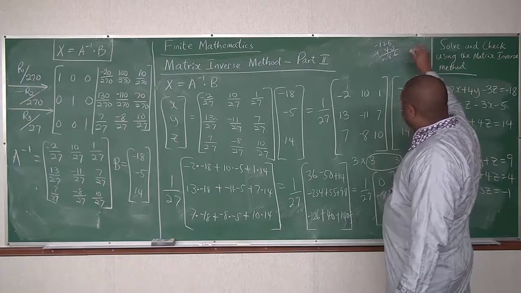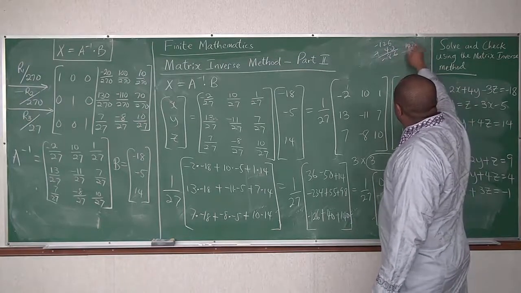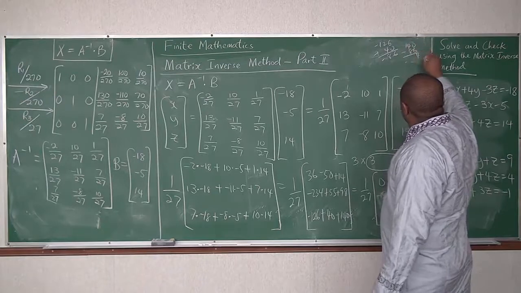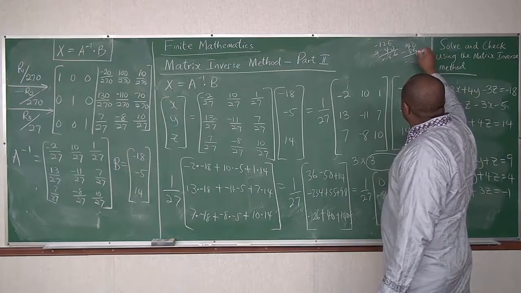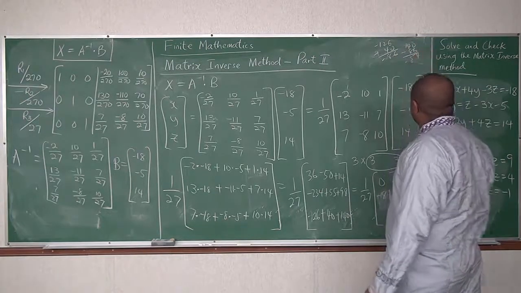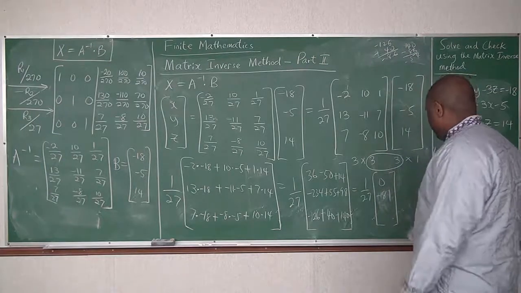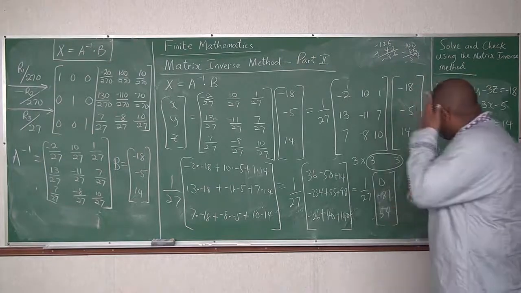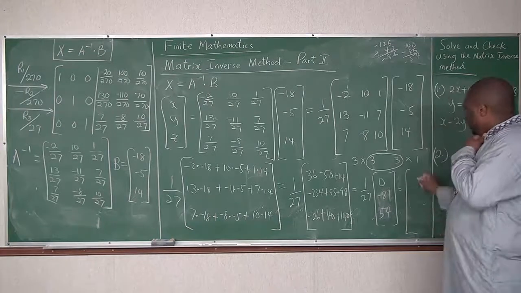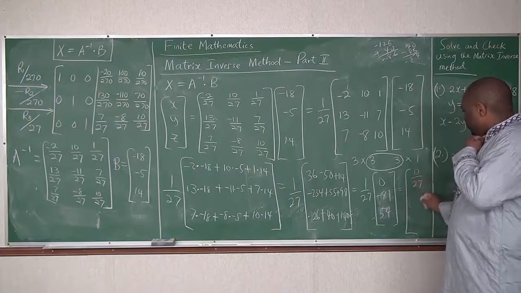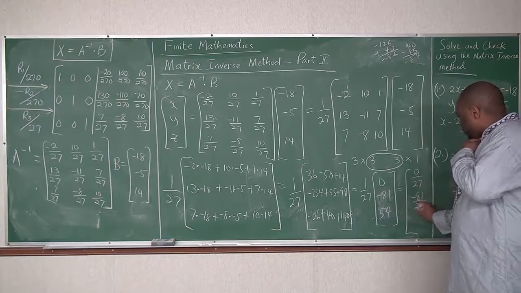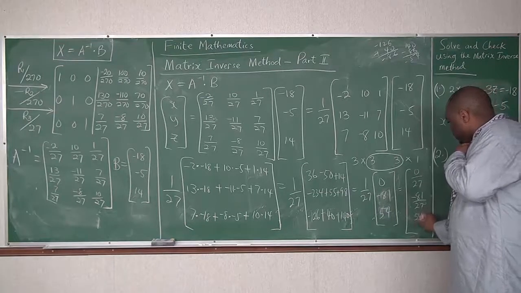Plus 140, 140 minus 86 is 54. So this is actually 0 over 27, negative 81 over 27, 54 over 27.